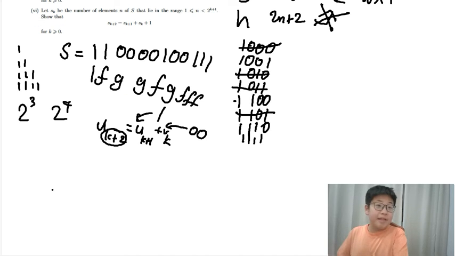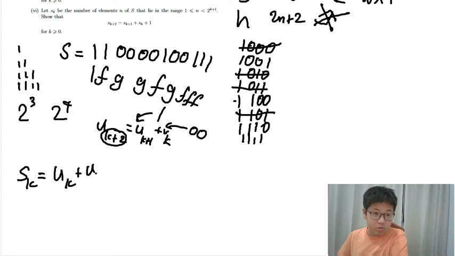Let s_k be the number of elements of S that lie in the range 1 to 2^(k+1). So again, s_(k+2) is a bit special. So s_k equals the sum of u_1 to u_(k+1). So therefore, we have u_k plus u_(k-1) plus u_(k-2) plus dot dot dot plus u_1.